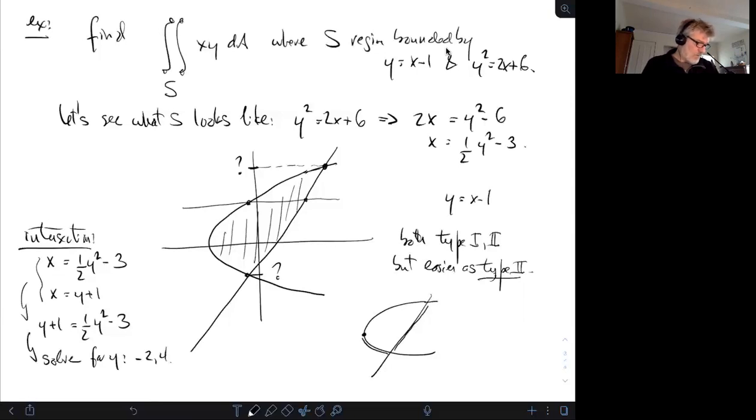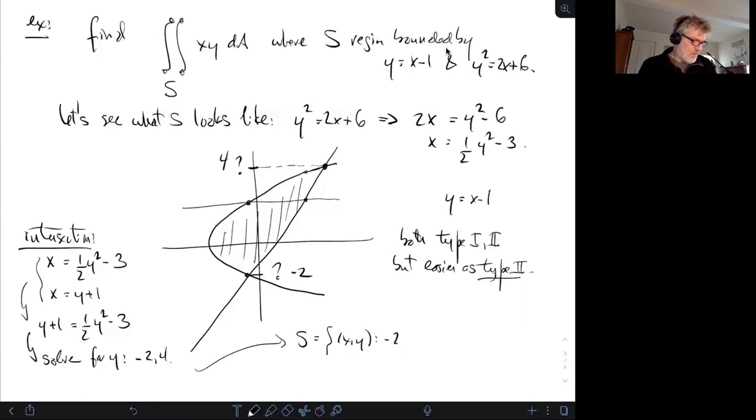So this will be -2 and this will be 4. Okay, so these are the values of y where the curves intersect. Okay, so that means that S is the set of all x, y such that y is between -2 and 4.